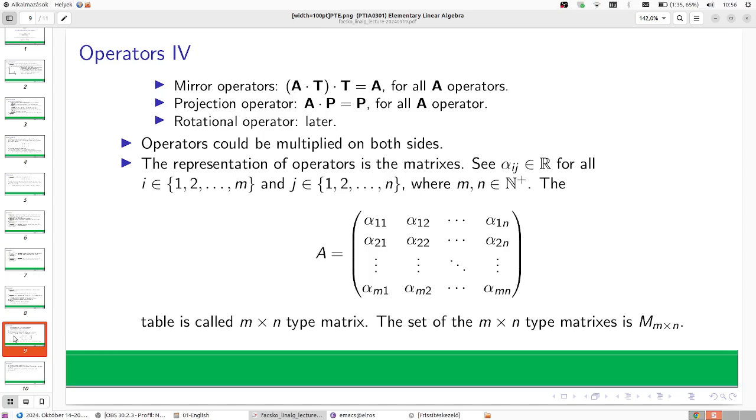If you have an x vector and you apply a so-called projective operator, then any time you apply it again, you get the same.